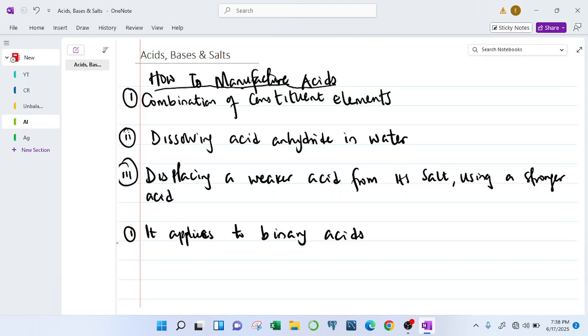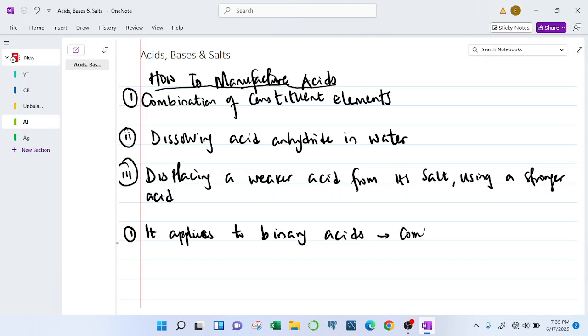And remember, in an acid, something must be present. That is hydrogen. So basically, a binary acid is an acid that contains hydrogen and one other element, a non-metal. So in some certain acids, you can simply take hydrogen, take the non-metal, join them together, and you get the acid.